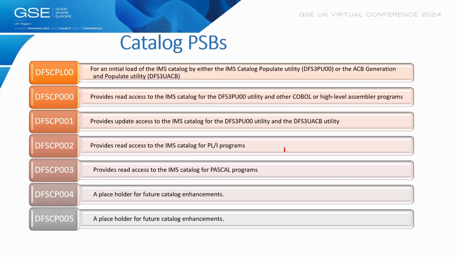Then the third one: suppose you have already loaded and initialized the catalog, and you want to make changes to it; for update access, this PSB is used. For PL/I programs to read the catalog, DFSCP002 is used, and for Pascal programs, DFSCP003 is used. The remaining two PSBs are reserved for future use.